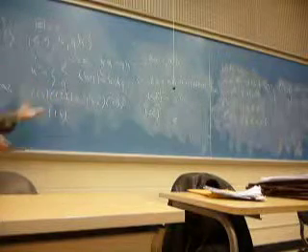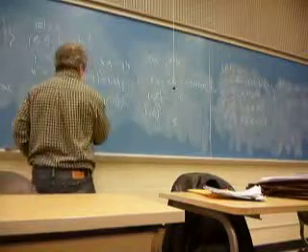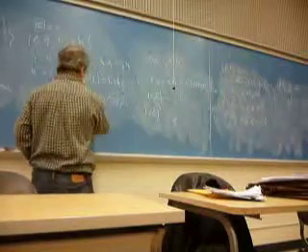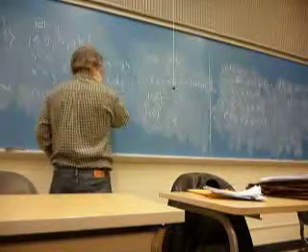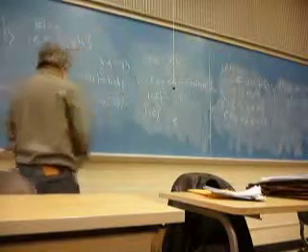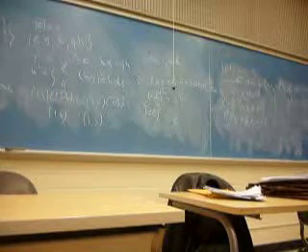Okay. Now let's check this one. Where does 1 go? To 3, right? Where does 3 go? First it goes to 2 and then goes to 1. The same thing. Okay.